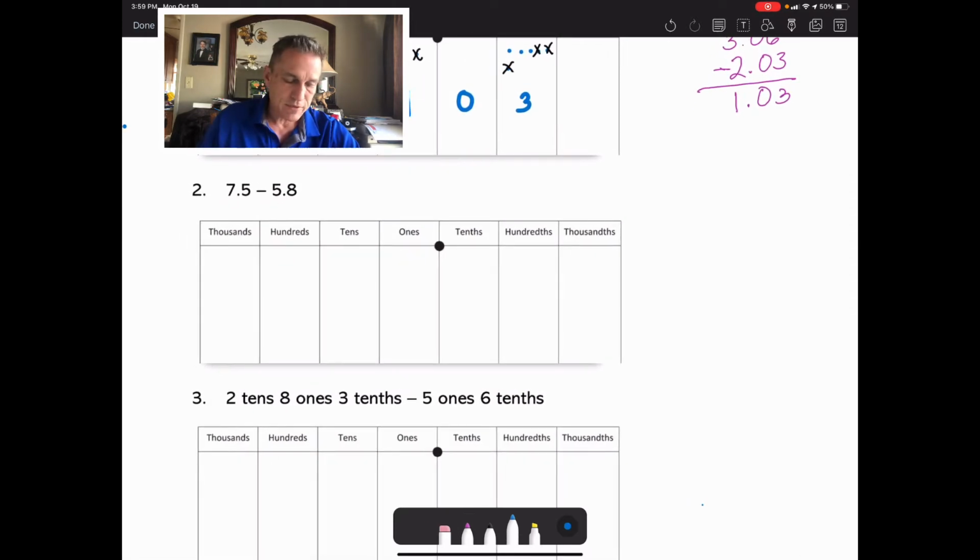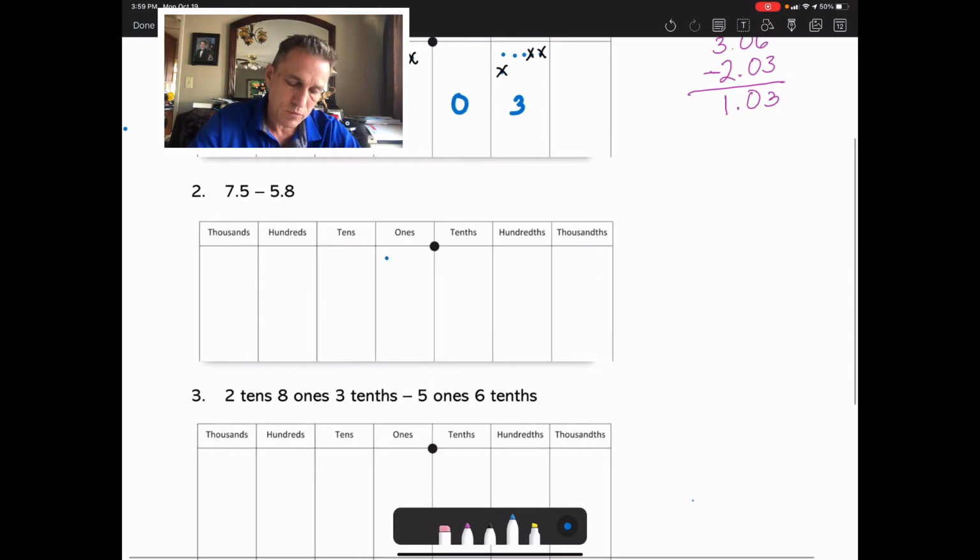So in the second example, I'm starting off with 7 ones. 1, 2, 3, 4, 5, 6, 7. And 5 tenths. 1, 2, 3, 4, 5. And I'm going to take away 5 and 8 tenths.